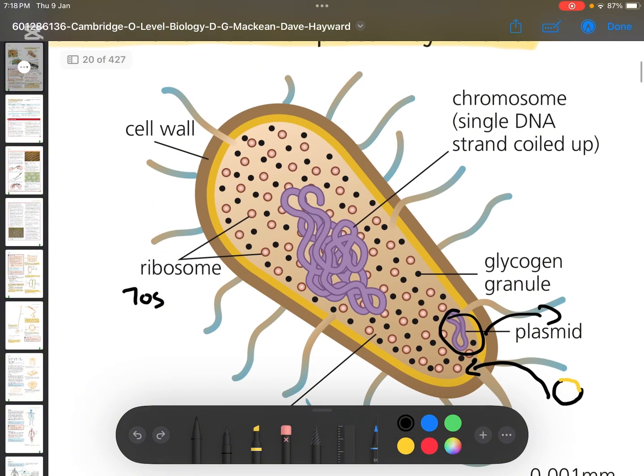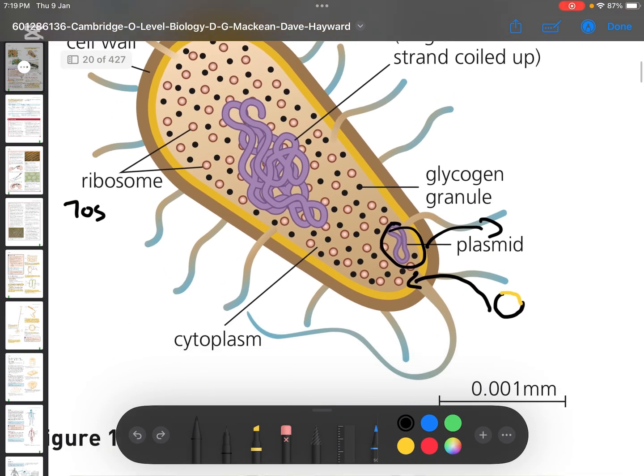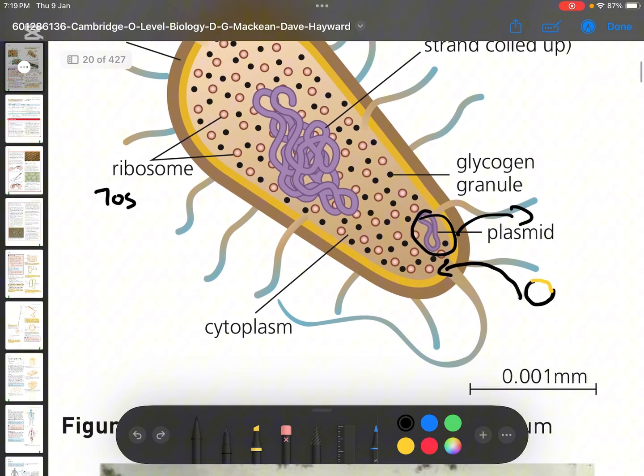Number two, we have discussed that the chromosome has a single DNA strand coiled up. Basically it's a circular DNA, it's not a linear DNA, right? And we have an extra part of genetic material called the plasmid. It's also a circular DNA.